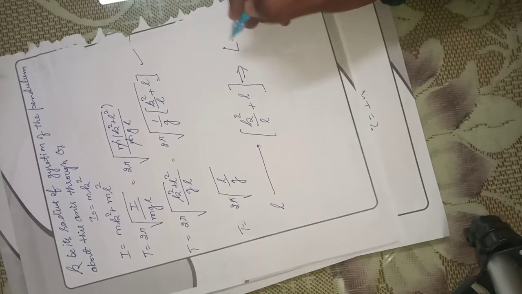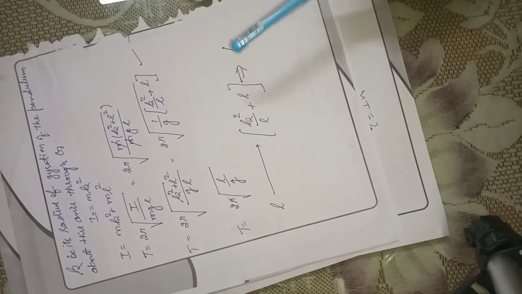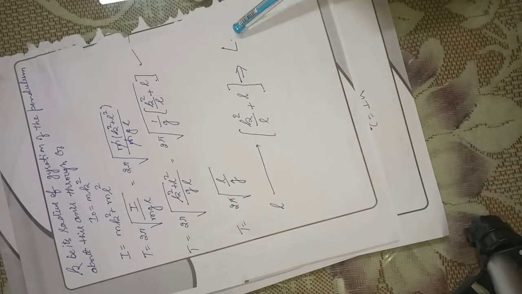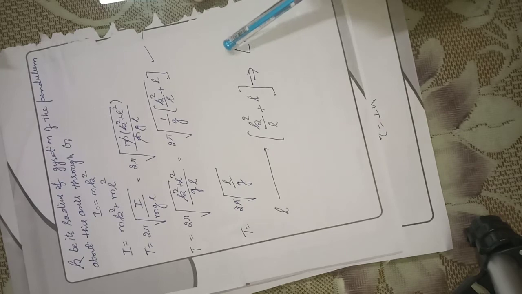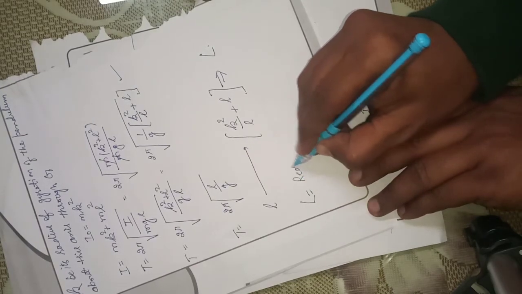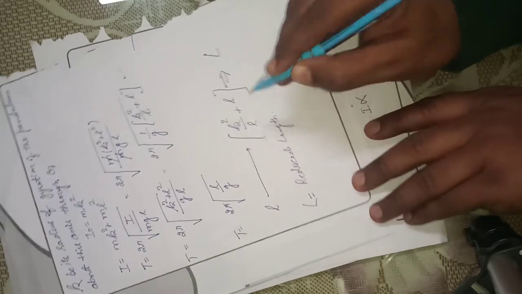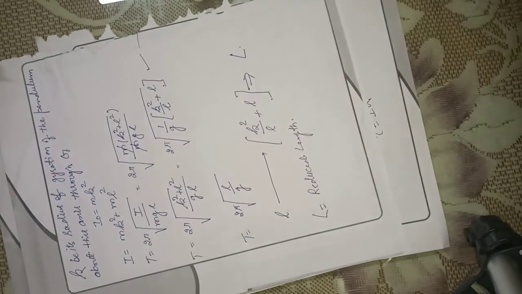So the time period of a compound pendulum is the same as that of a simple pendulum of length L, where L is equal to k square by l plus l. This length L is therefore called the length of an equivalent simple pendulum, or it is also called the reduced length of the compound pendulum.